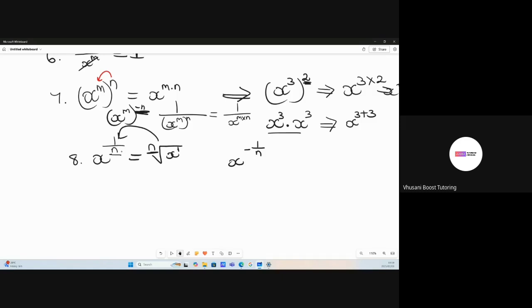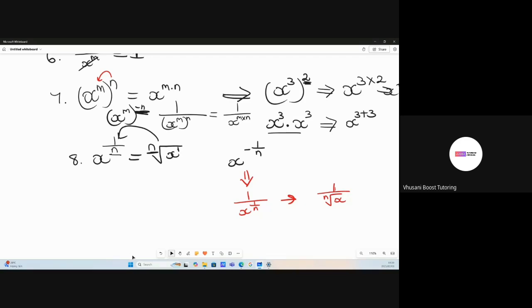You first need to get rid of this negative exponent, and how do you do that? You just change this to 1 over x to the power of 1 over n. Then you can change it into a root form, or surd, or whatever you may want to call it. So we now have 1 over the nth root of x.